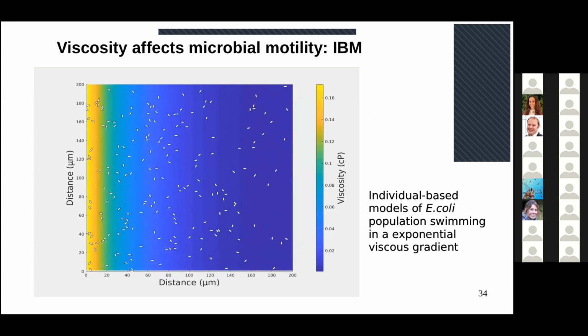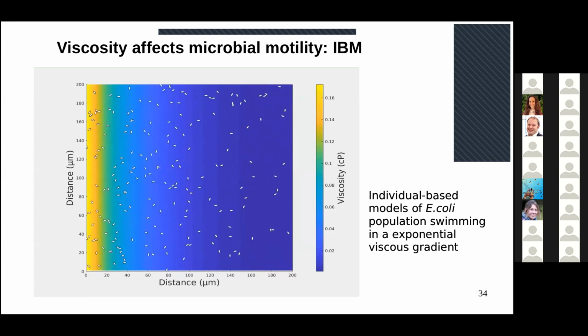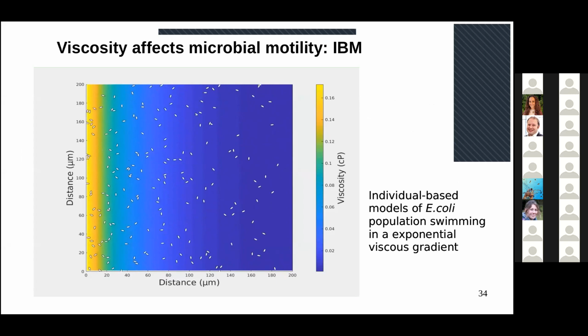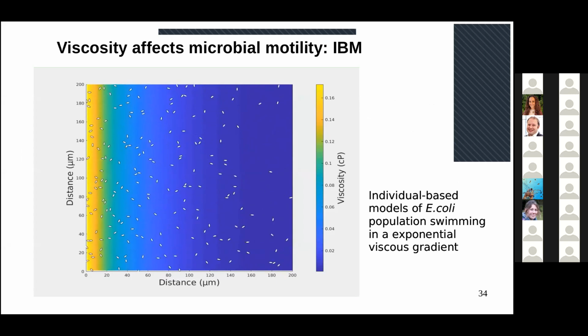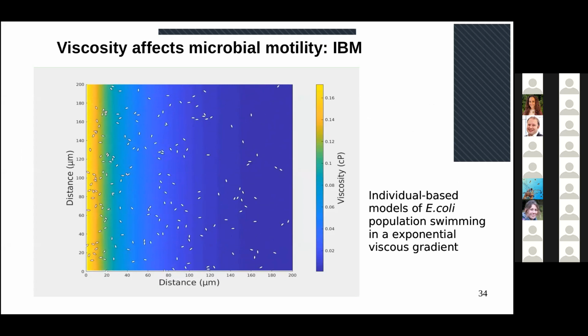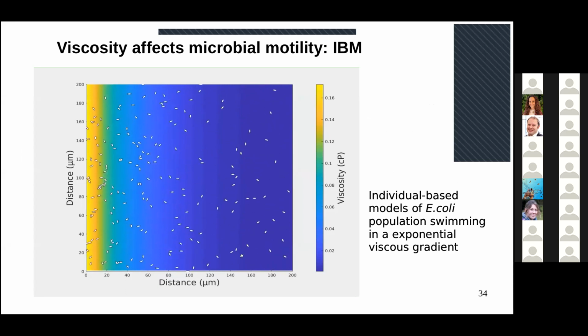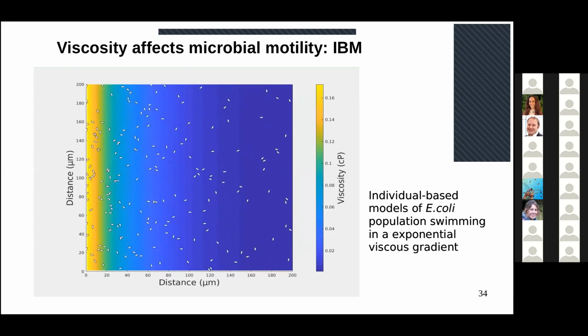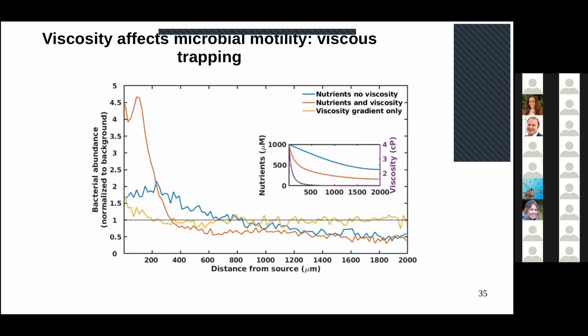I have to say this is a quite exaggerated gradient here. I just used a very steep gradient for illustration purposes, obviously, but we did not use this gradient. We actually use the gradients you can see here in this inlet graph.